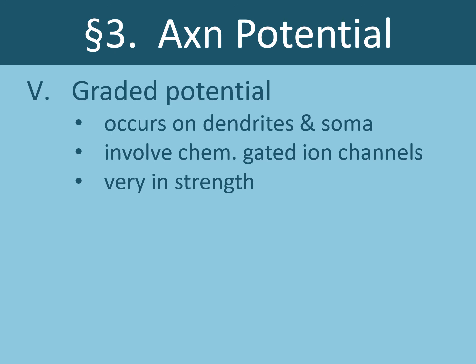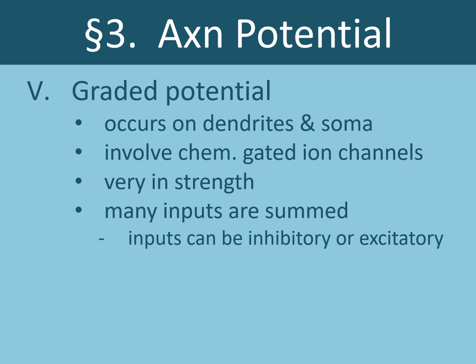They can be weak or strong, instead of an all or nothing process like we saw in an action potential. In a graded potential, many inputs are summed, hence the name graded. So there are inhibitory inputs and excitatory inputs, meaning there are signals that help trigger a graded potential, and those that help inhibit graded potentials.